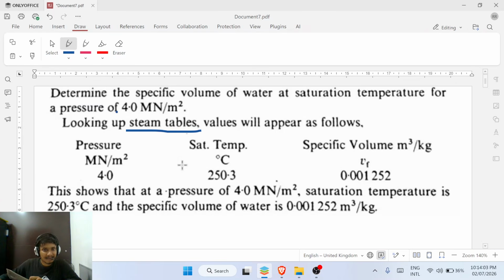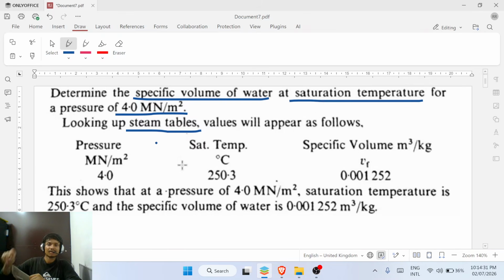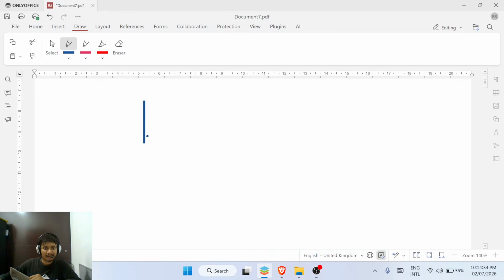Okay, determine the specific volume of water at saturation temperature for a pressure of 4 MN m^-2. Here, sir mostly discussed that if you refer to the steam tables before this moment, you will find the pressure in bar units.